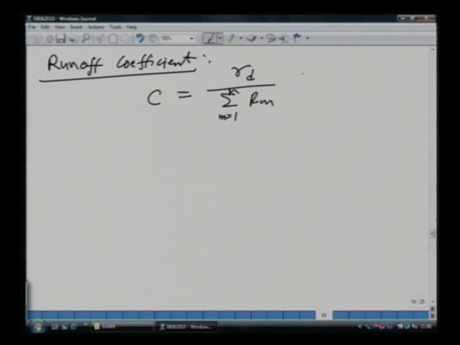So, this is your runoff coefficient. What you do is you take the runoff depth and divide by the total rainfall, and that will give you the runoff coefficient. I am sure you are familiar with this concept.